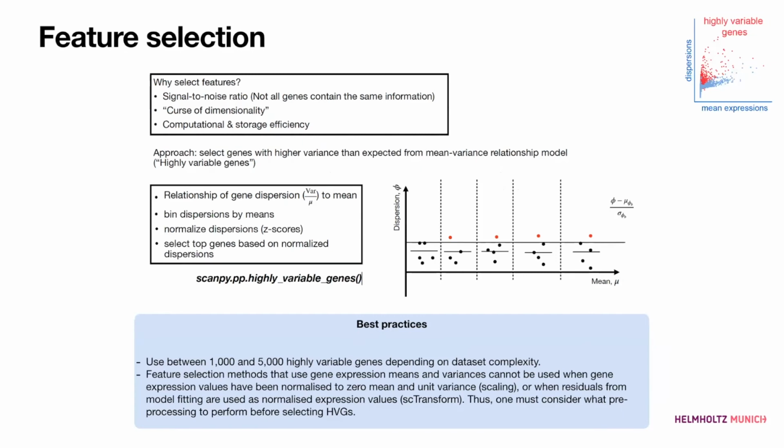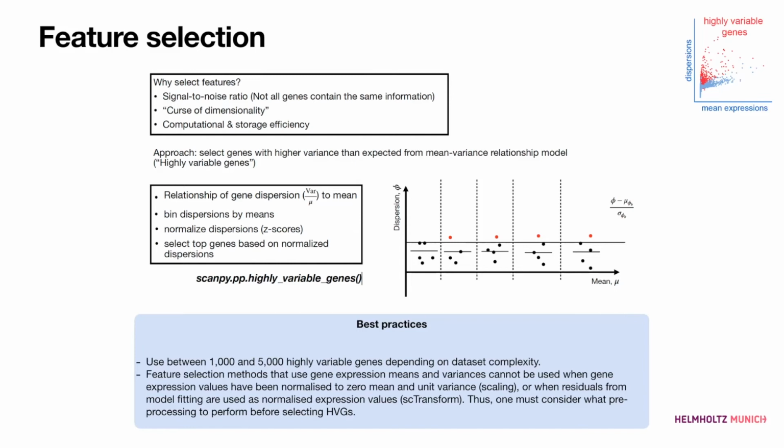Right. So we have processed and normalized our data, and now let's have a look at what we can do for feature selection. Feature selection means selecting some genes or some combination of genes, or more generally speaking, features that we want to look at. There are a couple of reasons why we need to do feature selection.